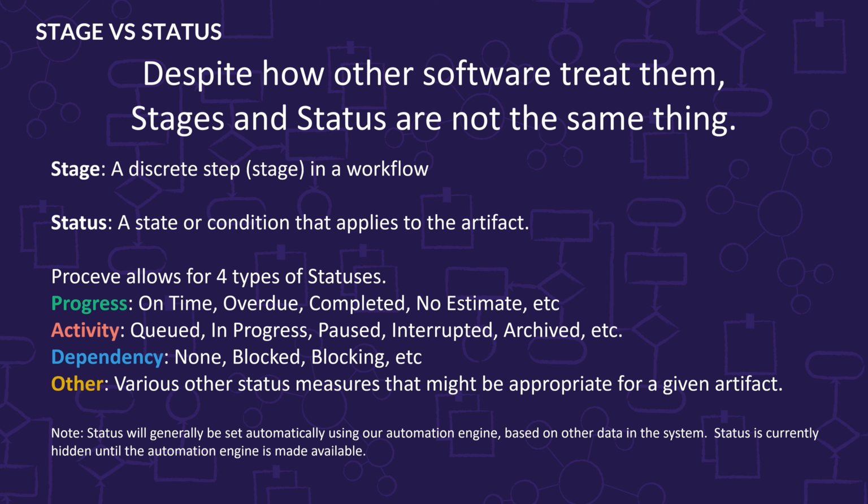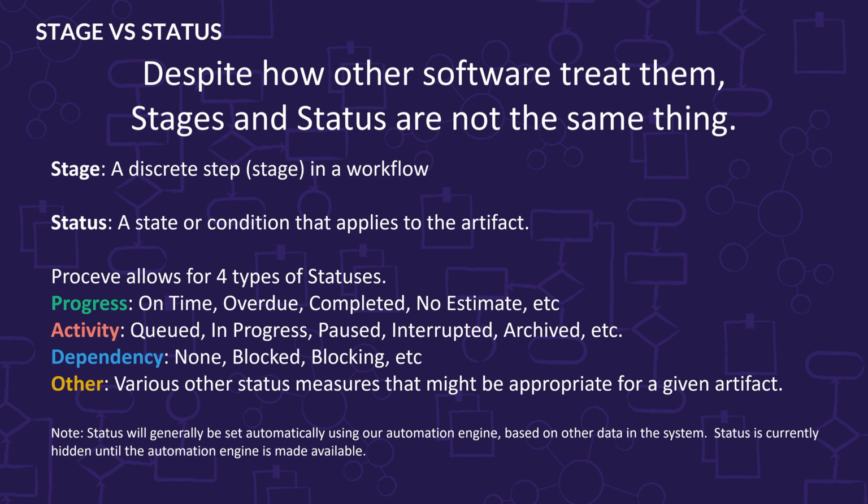And they're just not the same. Too often we see other software treating them as if they are exactly the same, and it results in people creating weird workflows to mix stages and status, instead of treating it correctly and keeping them separate.